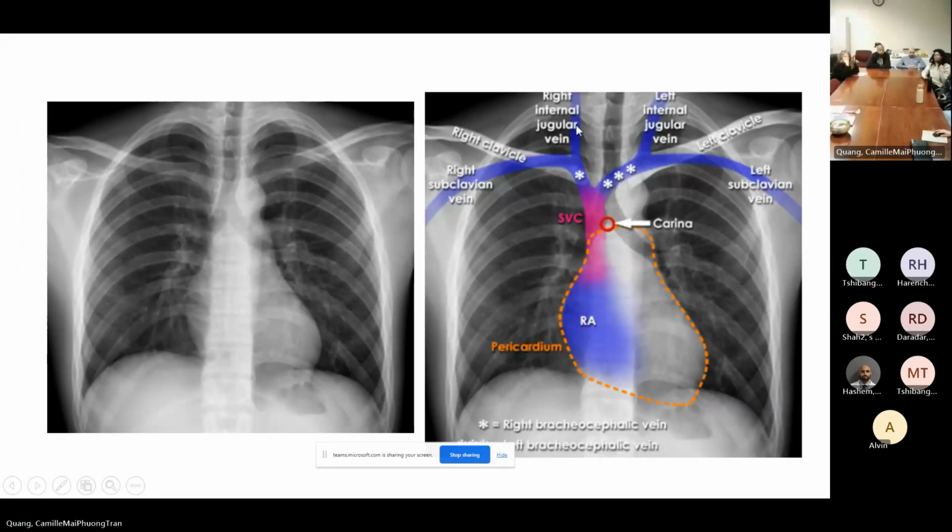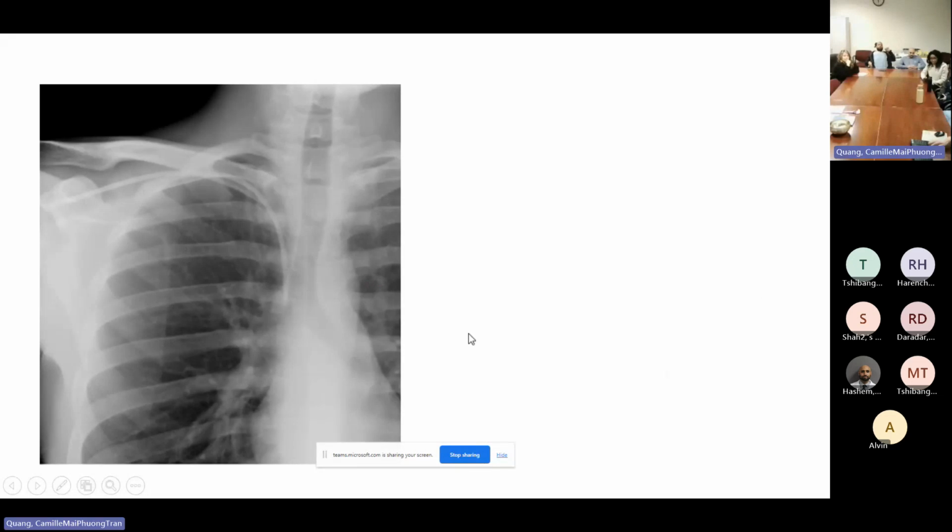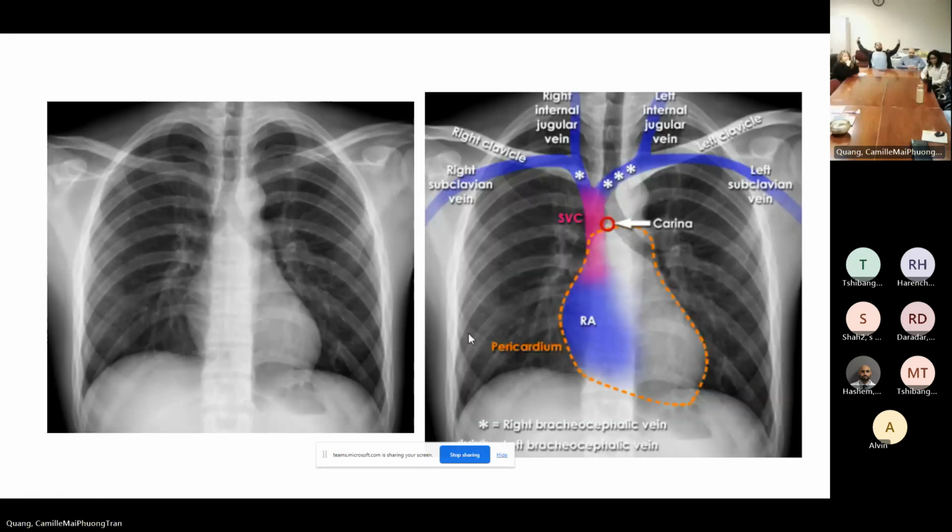Anatomy, right? Preferred is your right IJ, a straight shot into the SVC. Your left IJ, if you're going to put in a line, it has to make this little curve. So I've seen these lines go literally straight through. The person was okay, but that's why your right IJ is preferred.